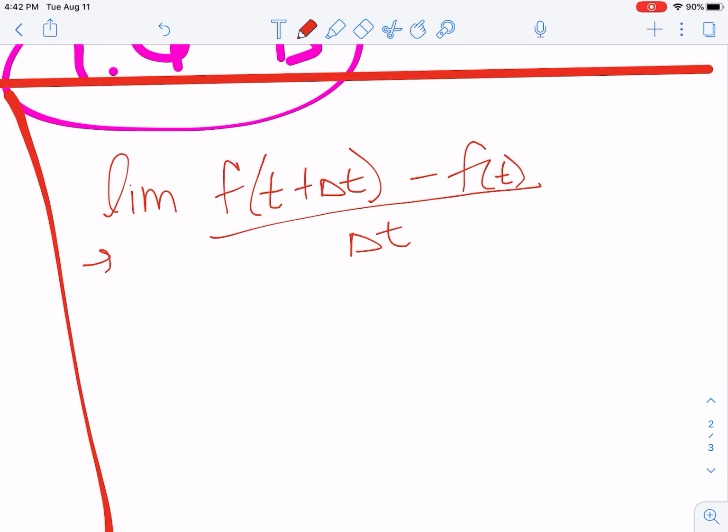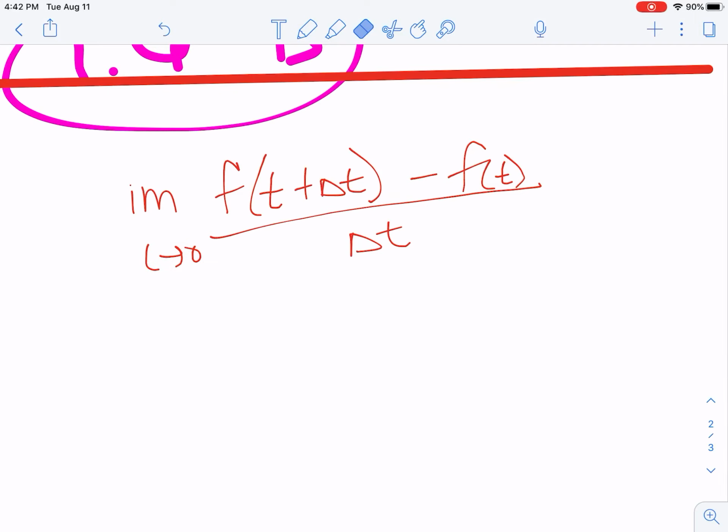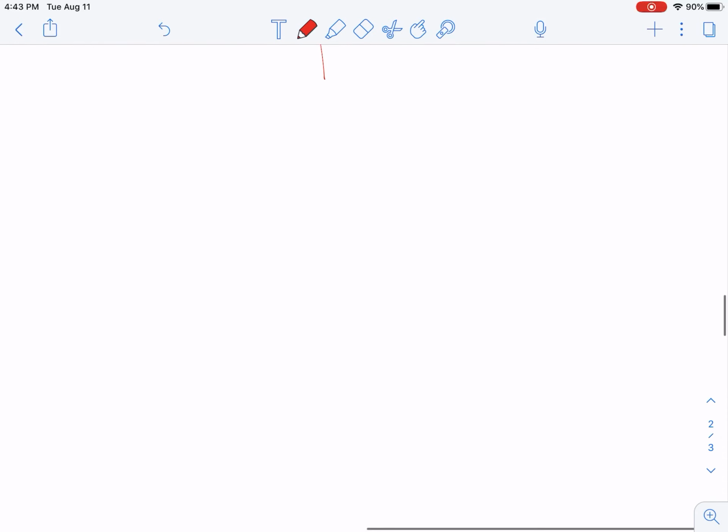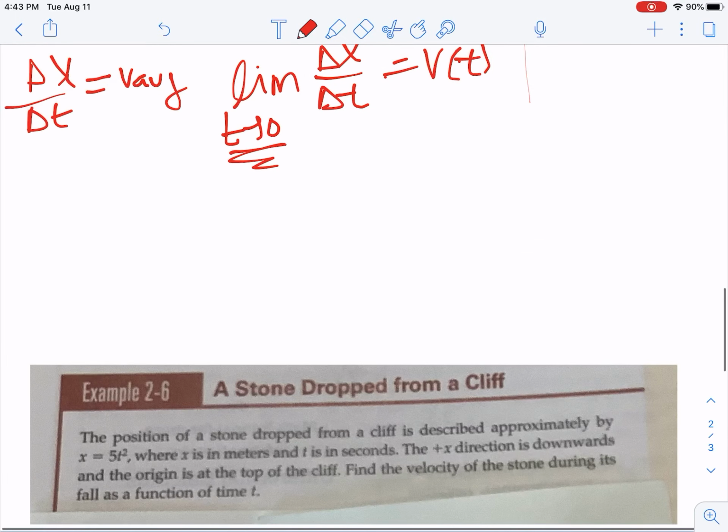And as a reminder here, delta t is going to 0. And if you think back to what you know about math, you can't have a 0 in the denominator. So we're really trying to work out this function in order to get rid of it. And there's many different ways that we can do this. There's not actually a way to do it without an equation, which is why we're going to do this example that I have down here.